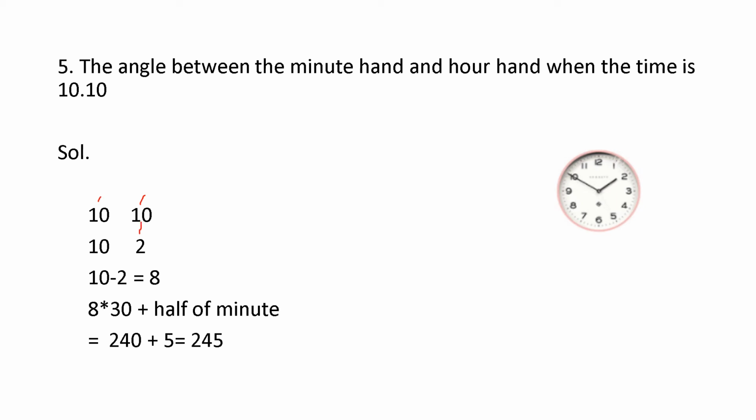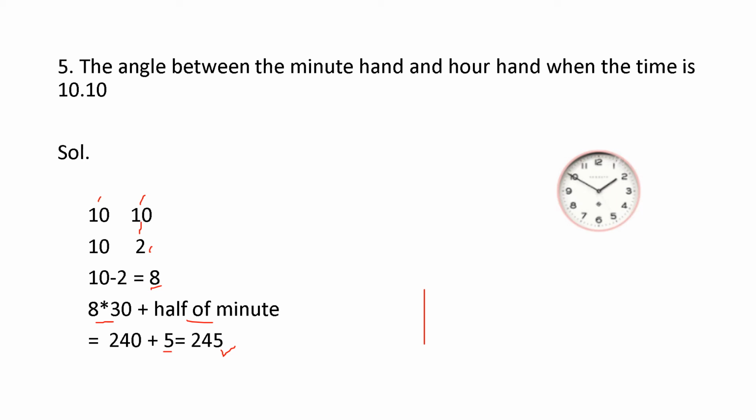The minute 10 is at the position 2. 10 minus 2 is 8. 8 into 30 plus half of the minute, that is 5, and the answer is 245. But in many questions, or suppose in this question, 245 is not there in the options. It can happen like that. But the answer is 245.